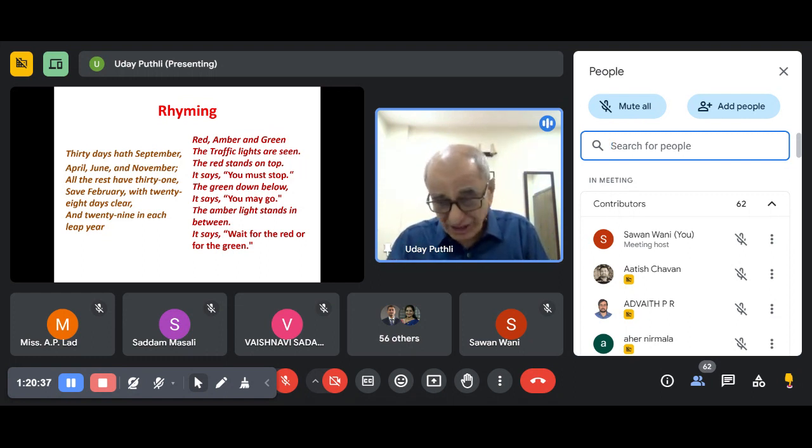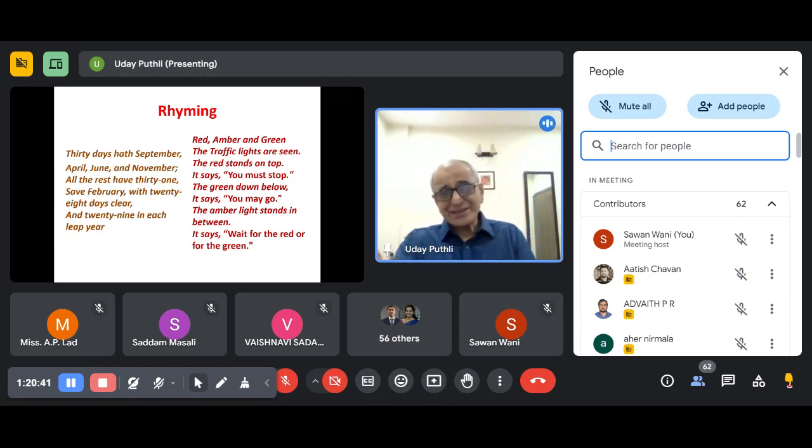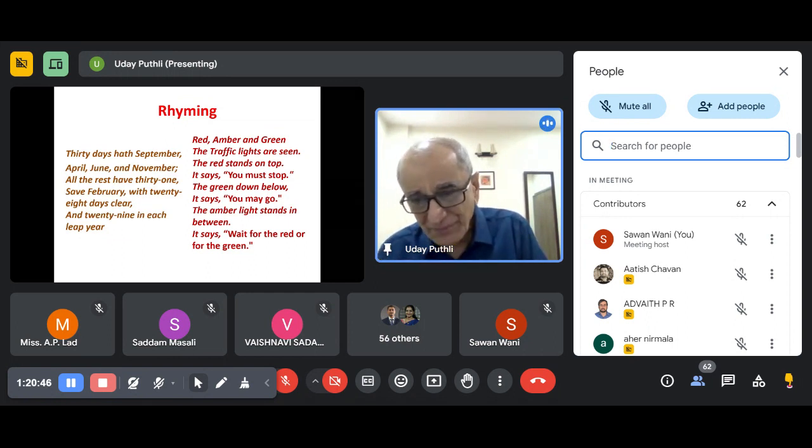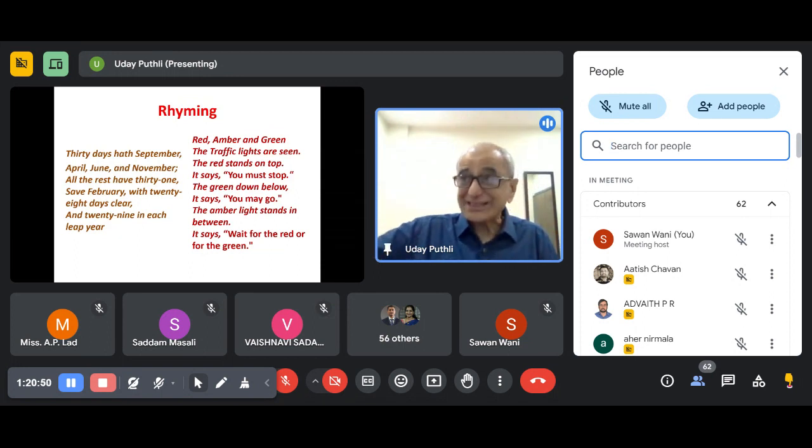There may be more verses to this which give you more indication. And this is taught in the KG class. The children learn this as a song and it is supposed to remain with them for life. And wherever they go, they see it and they say, this is how it is. They start singing and they tell their parents, the light has turned green, let's go.